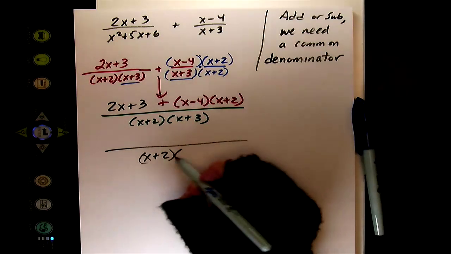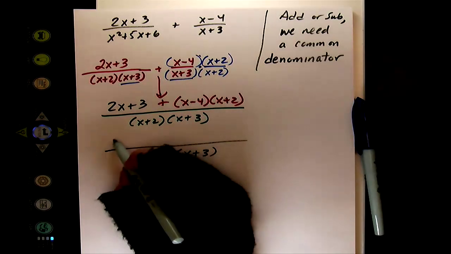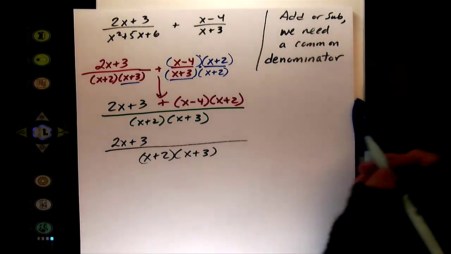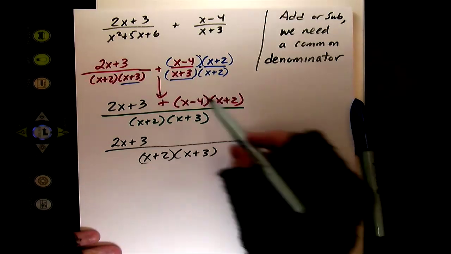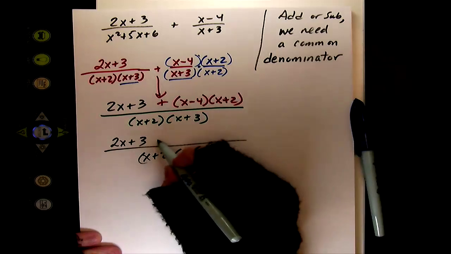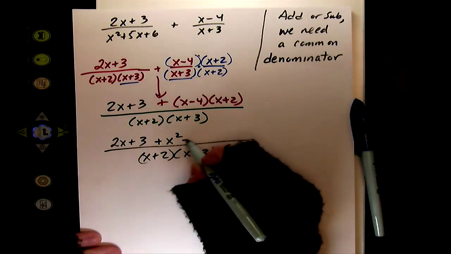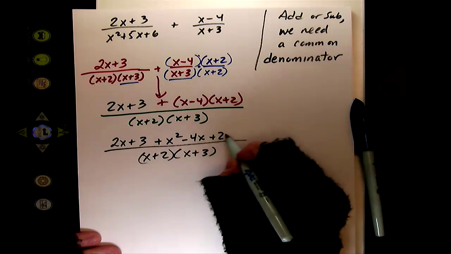And it's tedious, but keep writing down stuff you haven't dealt with. Don't just do simple stuff. I'm going to multiply out this stuff right here. This is x squared minus 4x plus 2x minus 8.